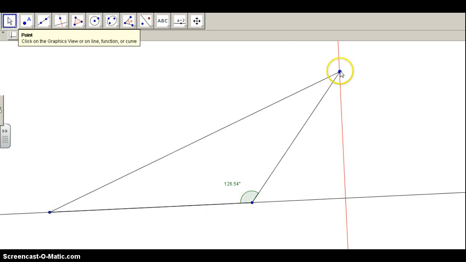So this altitude is now perpendicular to, yes, the side of the triangle, but the extension of the side of the triangle. That becomes very important when we start talking about areas of triangles, because the area formula of a triangle, and you might already know this, is the area of 1/2 the base of the triangle times the height. Well, the height is the length of the altitude. Okay, so the height of a triangle is the length of the altitude.